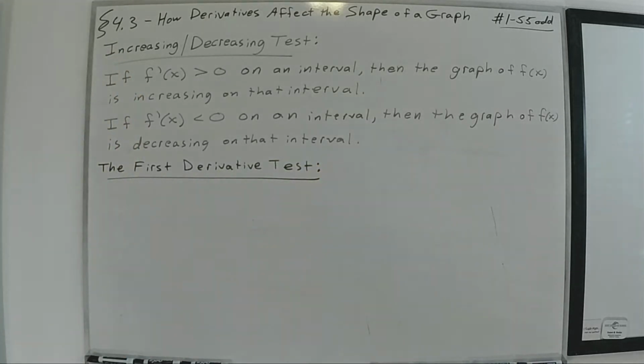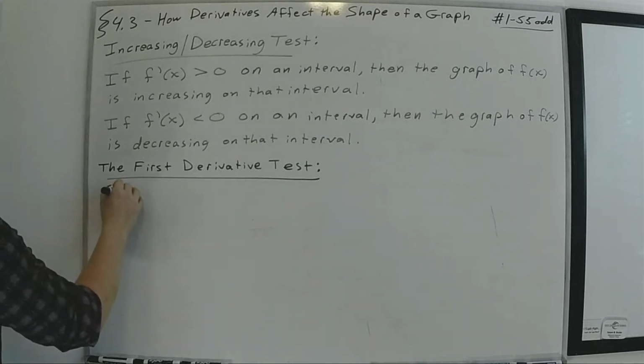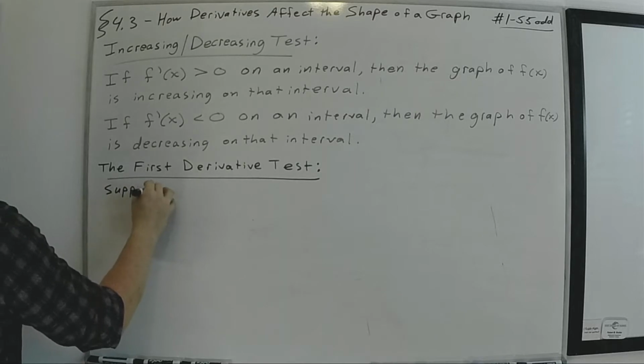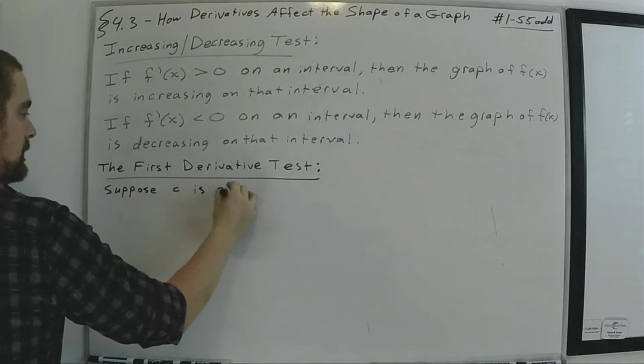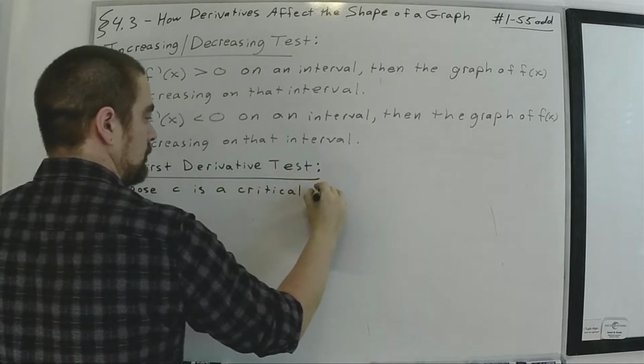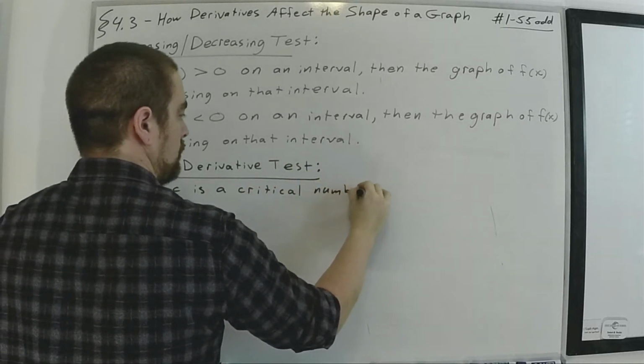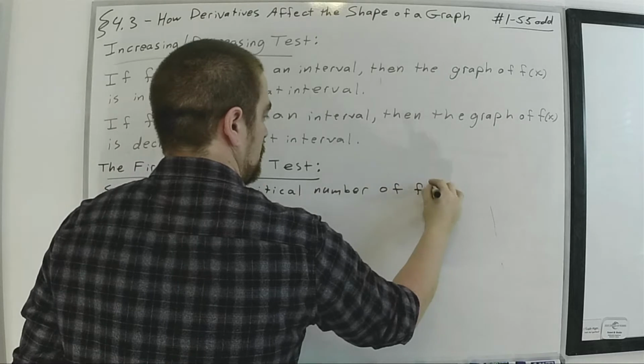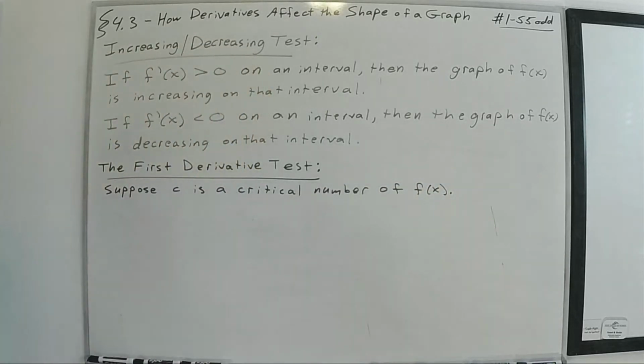And for the first derivative test, we're going to say, let's suppose c is a critical number of f of x.